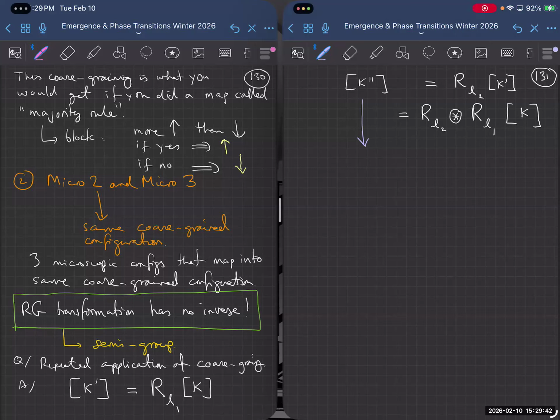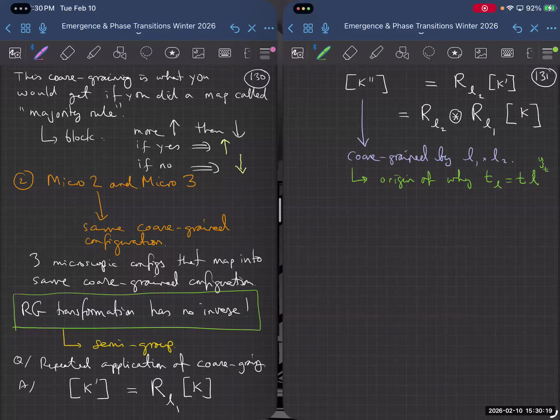Say it again. Right. So here we've coarse grained by the amount L1 times L2. Okay. So remember that, because later on we're going to see that this effect is the origin of why the effective temperature at scale L goes like the original temperature times L to some power y sub t.